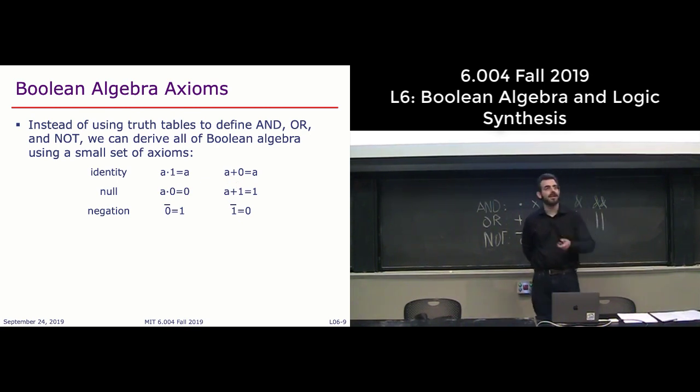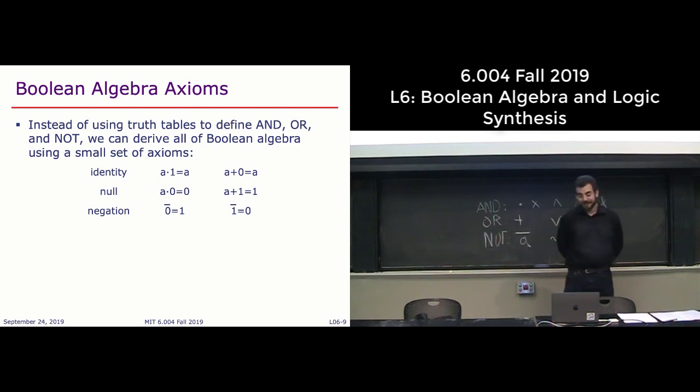So oring anything with 0 returns the same value, and anding anything with 1 returns the same value. There is a null element for both and or. So 0 is the null element for and, and 1 is the null element for or. And then negation is essentially defining not, right?